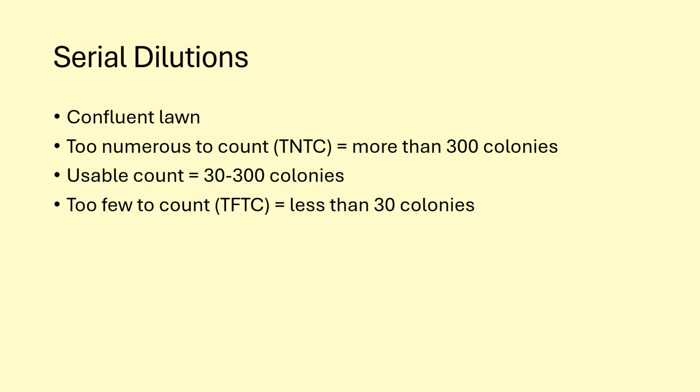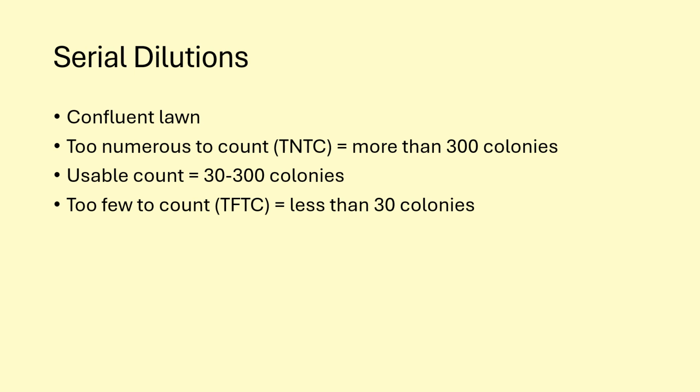You can't count that. You may have some as you start to dilute out a little bit more. It's not completely covered like this lawn, but there's over 300 colonies, so you don't count that. You might record it as TNTC, which stands for too numerous to count. It just means there's over 300. Ignore it.